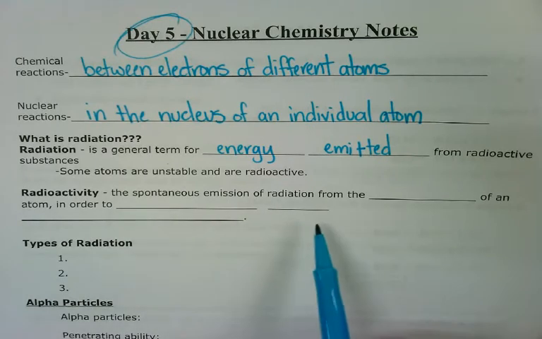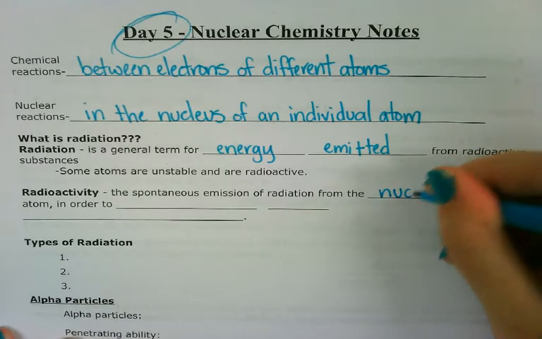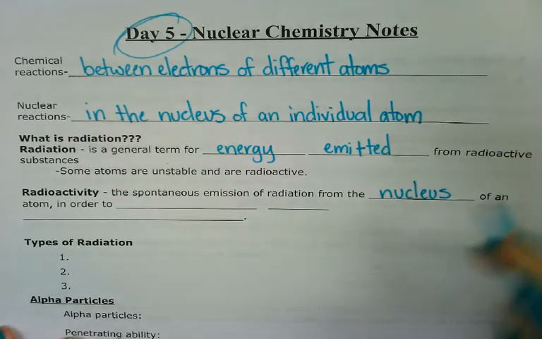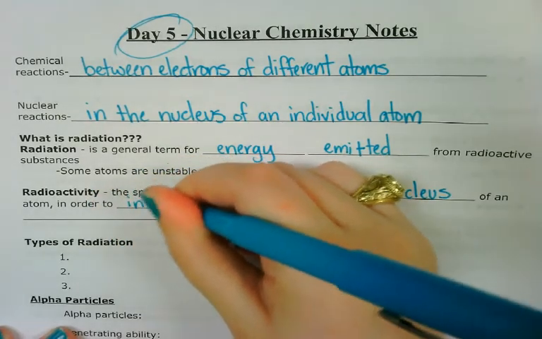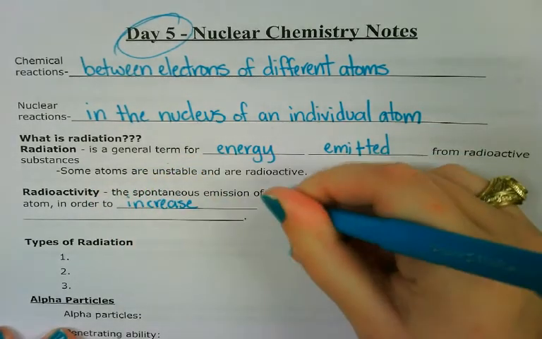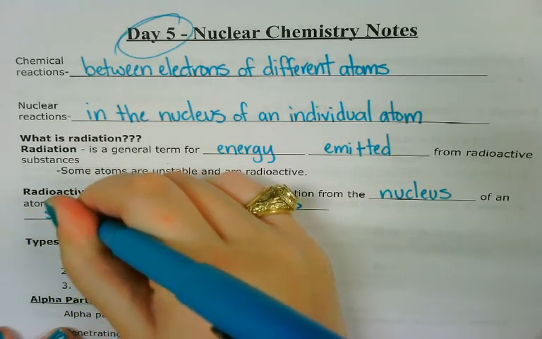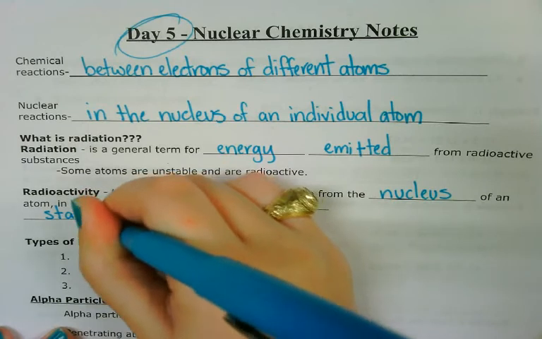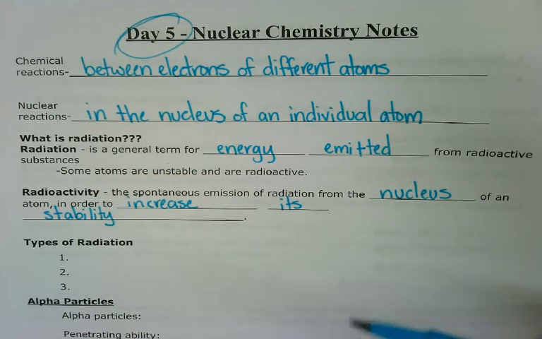Radioactivity, the spontaneous emission of radiation from the nucleus of an atom in order to increase its stability. So we can have some atoms that are not stable in the form that they are in.